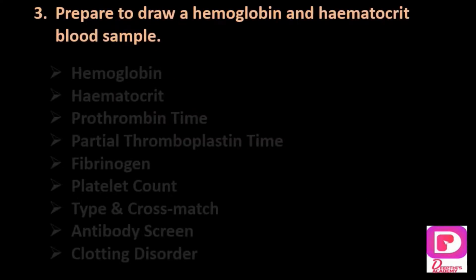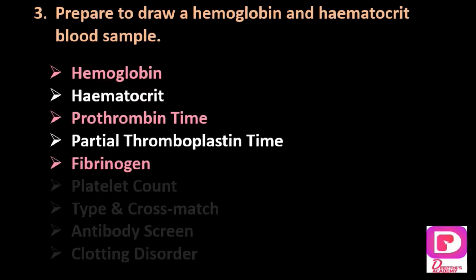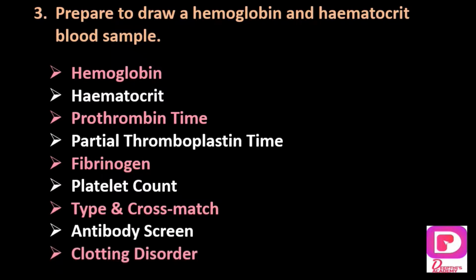Number 3. Prepare to draw a hemoglobin and hematocrit blood sample. Not only hemoglobin or hematocrit, we must also assess for prothrombin time, partial thromboplastin time, fibrinogen, platelet count, type and cross match, antibody screening. This will be assessed to establish a baseline and also detect a possible clotting disorder.